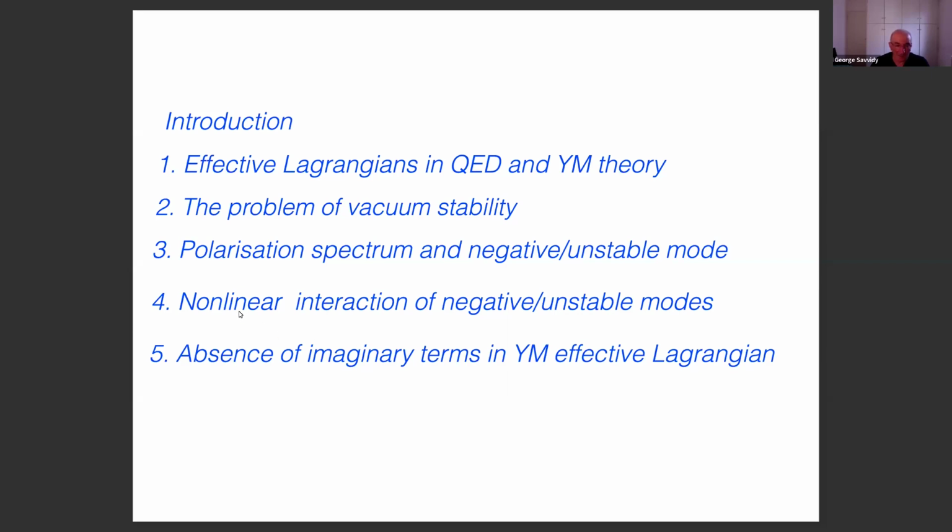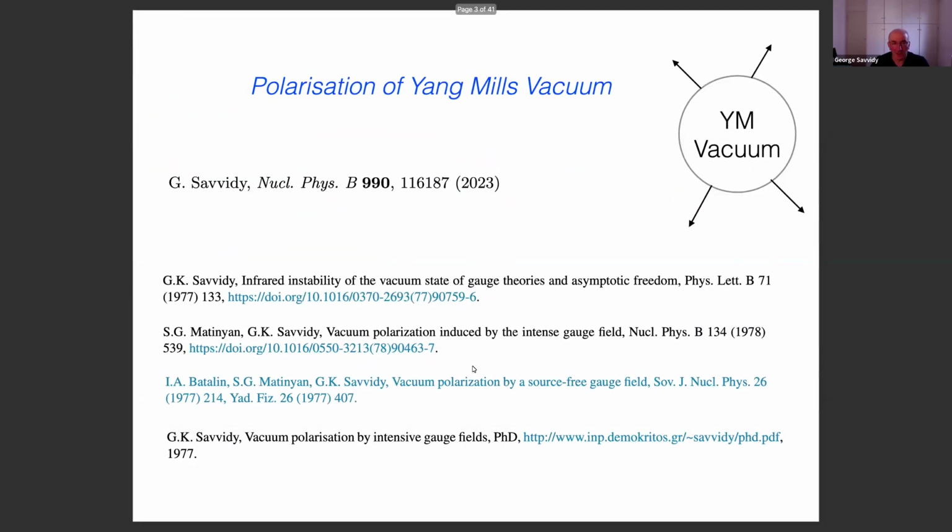And then I explain that a nonlinear interaction of the negative unstable mode actually eliminates this problem. And then we will see that the imaginary term which was found in the one loop approximation is just an artifact of the quadratic approximation, let's say.